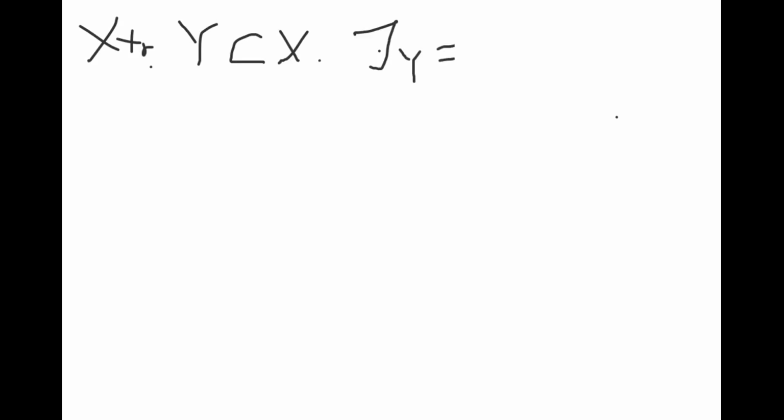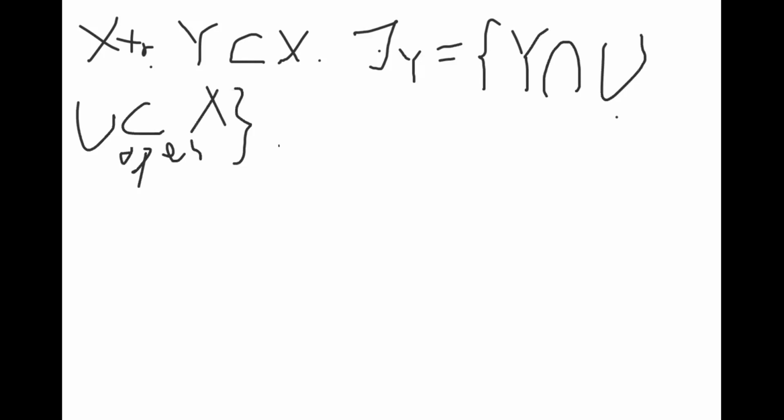Let X be a topological space, and Y a subset of X. Then the topology on Y consists of all the intersections of open sets U of X with Y. Now we need to prove that this topology on Y is a real topology.